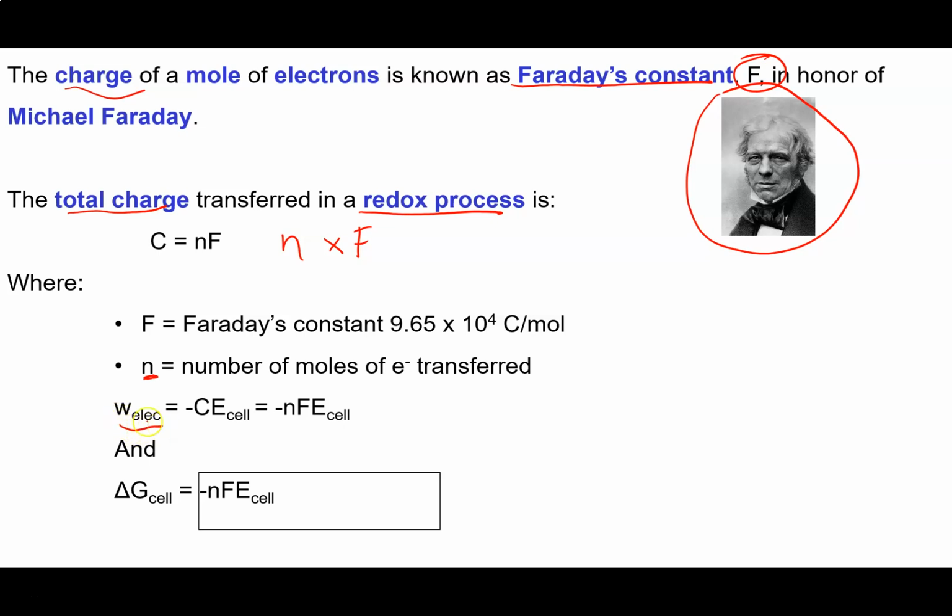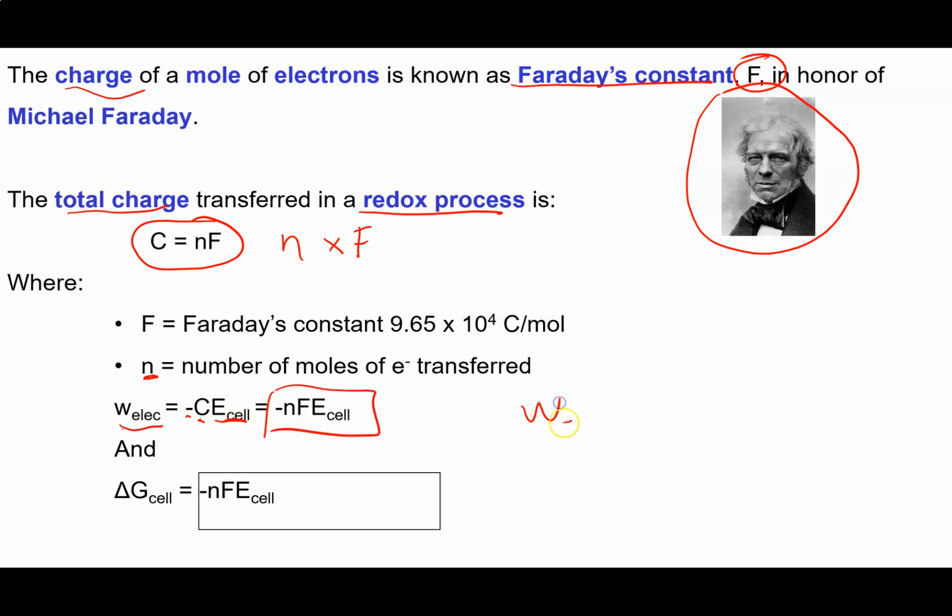So the work done by an electrochemical cell is equal to the negative of the charge transferred multiplied by the cell potential, and the charge that is transferred is equal to nF, so we can write that the electrical work done is equal to minus nF E of the cell.